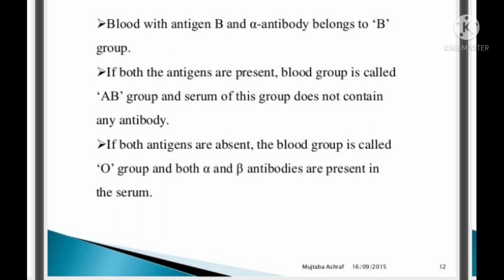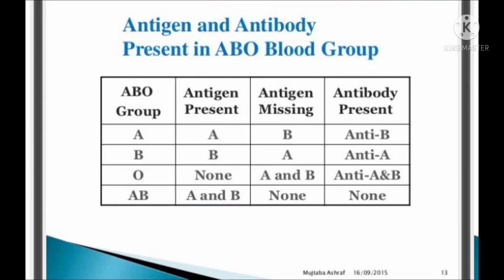If both the antigens are present, blood group is called AB group, and serum of this group does not contain any antibody. If both antigens are absent, the blood group is called O group, and both A and B antibodies are present in the serum.